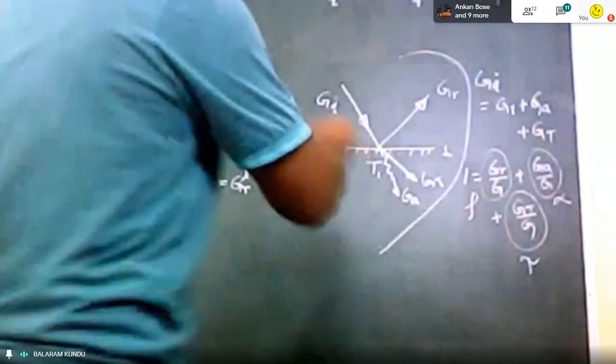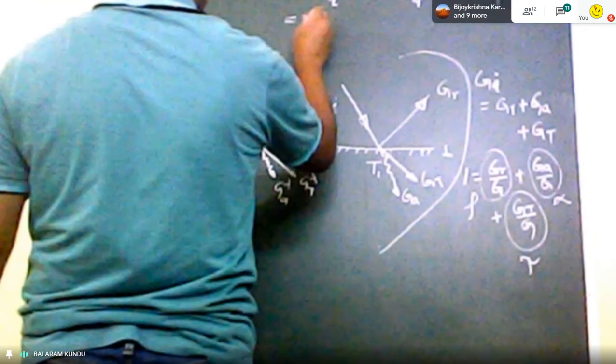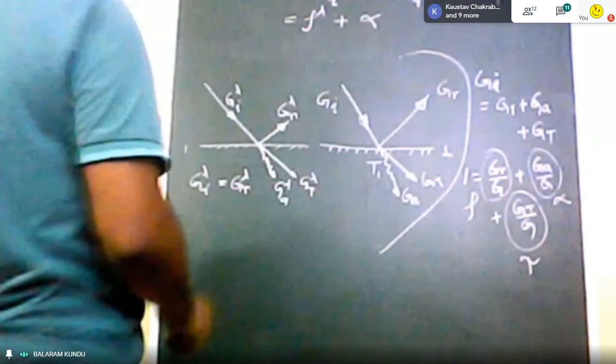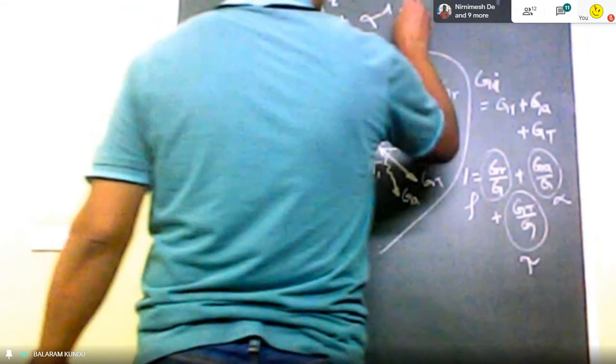That is equal to rho superscript lambda plus alpha superscript lambda plus tau superscript lambda.